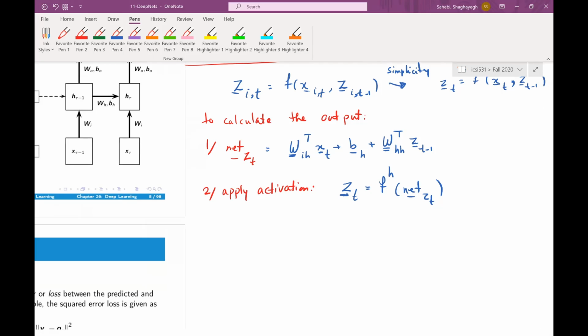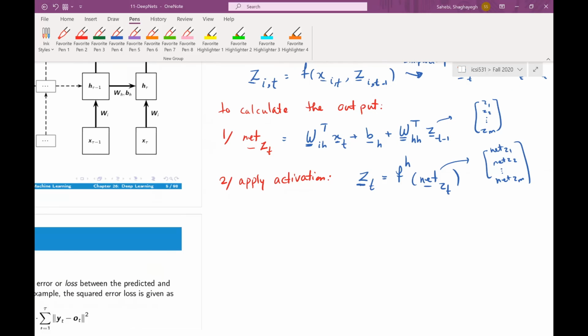The vector of net z_t includes all the net values for z_1, z_2 until z_m. Like if this is a vector of z_1, z_2, z_m, then net is net z_1, net z_2 until net z_m for that hidden layer. Okay, what is the next step?